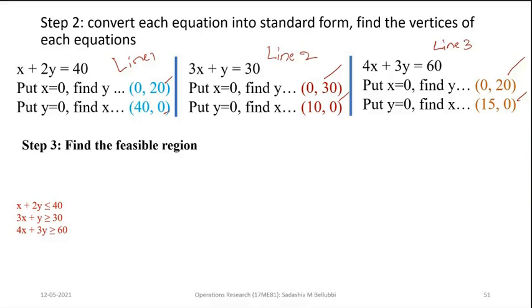Step number 3 is to find the feasible region. How do we find it? By drawing a graph.